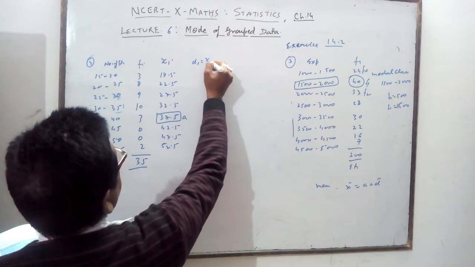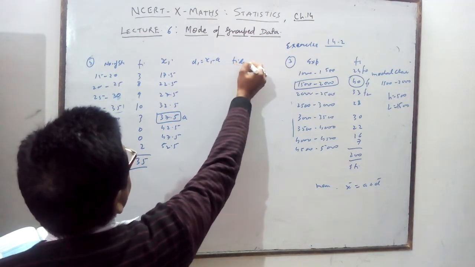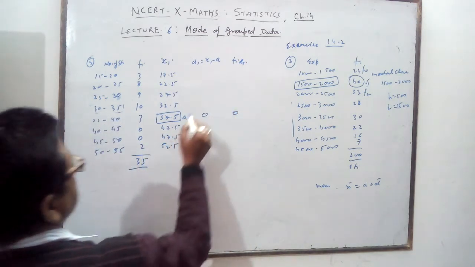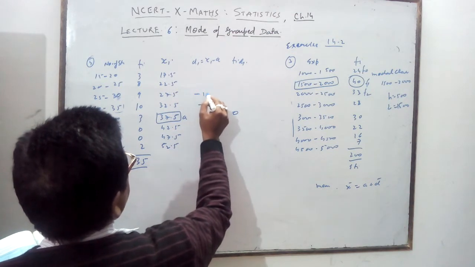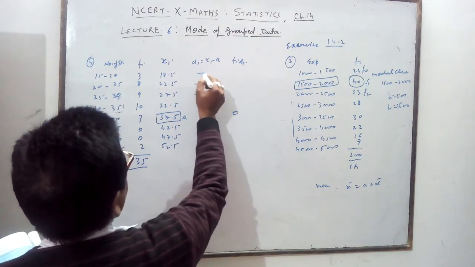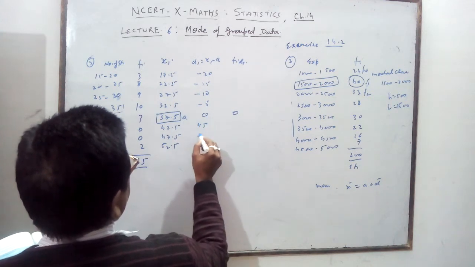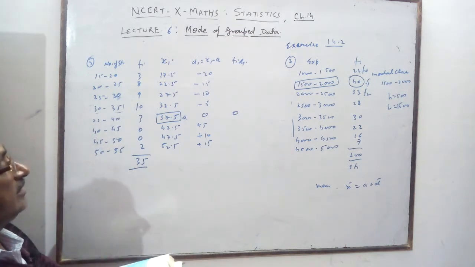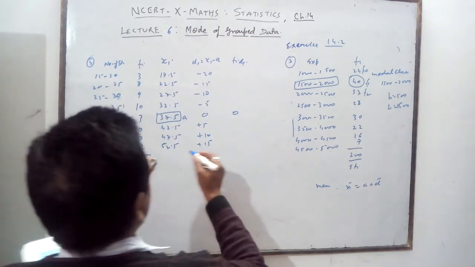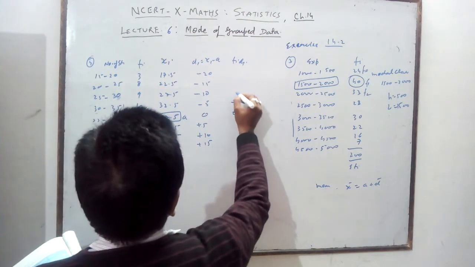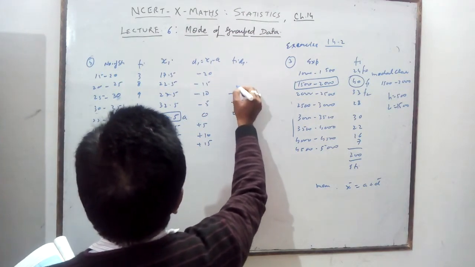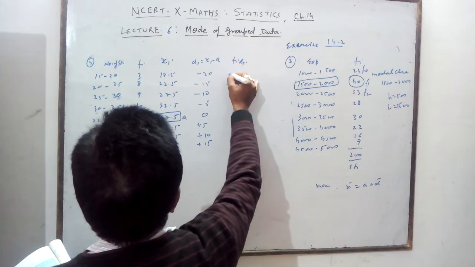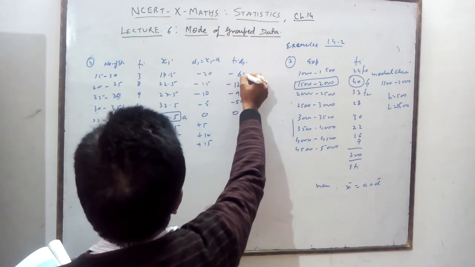So di is equal to xi minus a, then fi di. Here you will get 0, 0. Then minus 5, minus 10, minus 15, minus 20, plus 5, plus 10, plus 15. If you apply the shortcut, you get very small numbers. 10 into 5 is 50, 10 into 9 is 90, 15 into 8 is 120, minus 60.